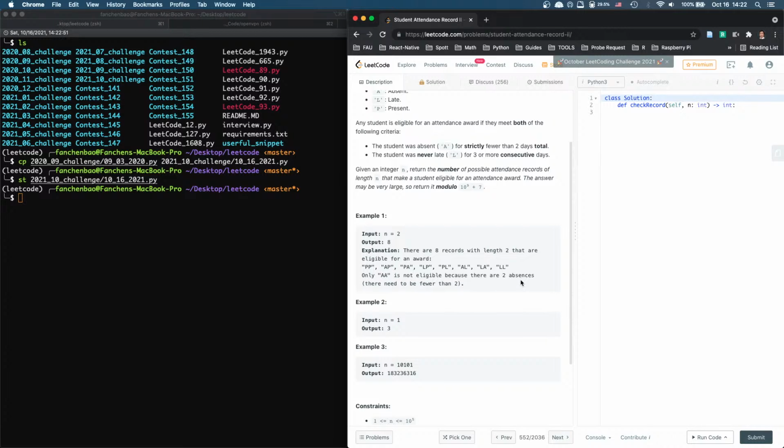So we allow A but don't allow L, so we have 1, 2, and 3. Okay, so that's that. Now we're going to try 3 and see if this thing scales well. I need a piece of paper.